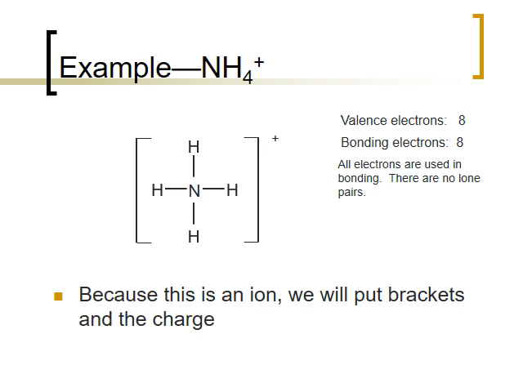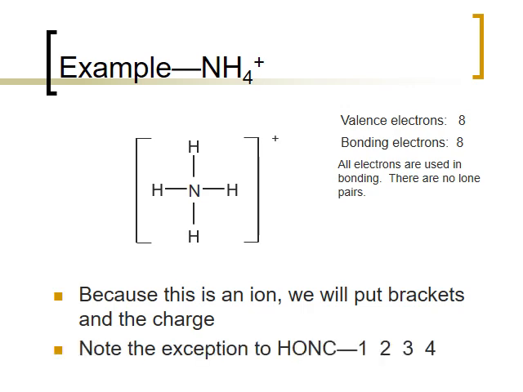There's no specific charge on any one of these atoms. That +1 charge is smeared out over the entire polyatomic ion. Notice that this is an exception to HONC 1, 2, 3, 4. Nitrogen is bonding 4 times, but it's a polyatomic ion, so I guess that's why we have our exception.